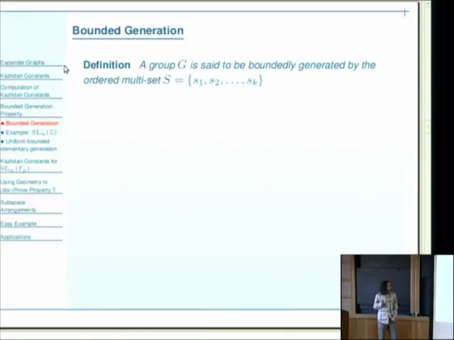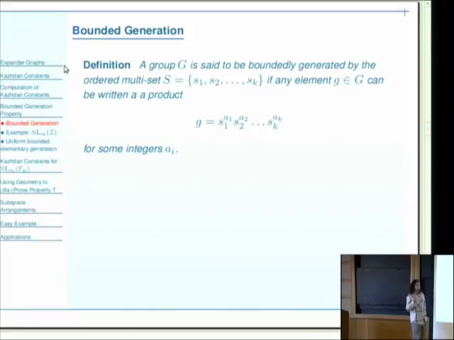I say that this ordered multiset boundedly generates the group if I can write any element in the group as a product of powers of elements here, but I cannot change the order. I can go only once through this list. So essentially, I can write any element in the group as a product of k powers of elements in my set, nothing else.